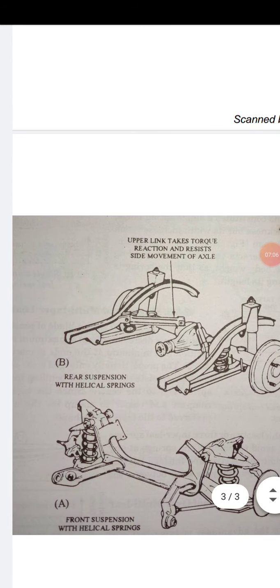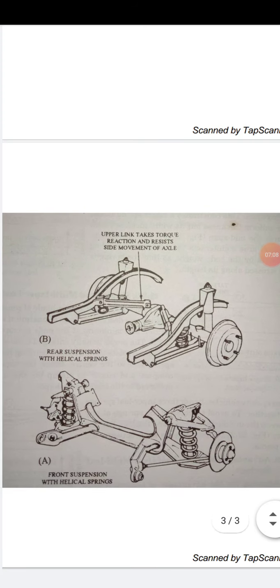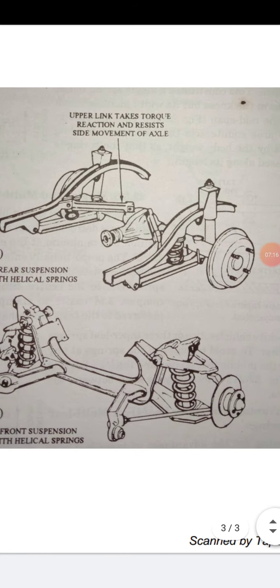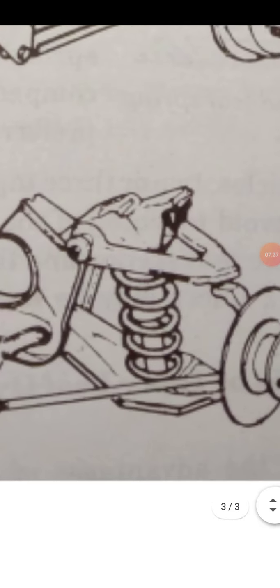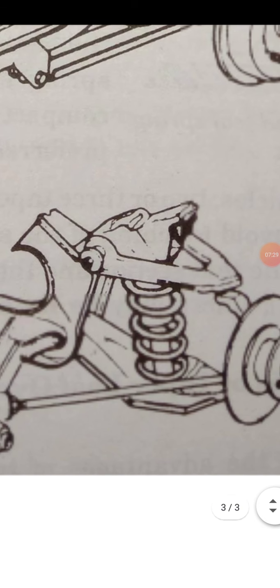Now we are discussing the front and rear types of suspension. Here you can see the upper wishbone and lower wishbone, and in between the two wishbones we are using a telescopic shock absorber. You can see here, this is the telescopic shock absorber.